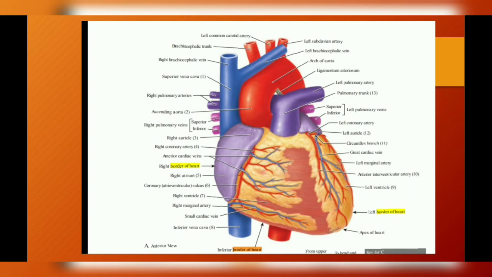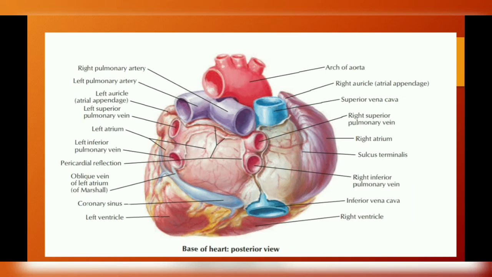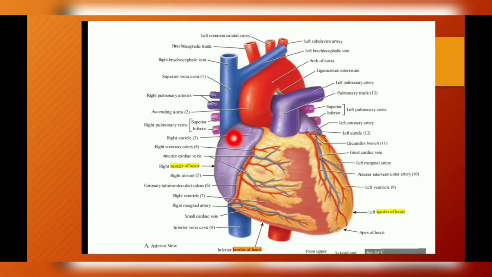The right border separates the sternocostal surface from the base. It extends from the right side of the superior vena cava to the inferior vena cava. It corresponds to the sulcus terminalis outside.